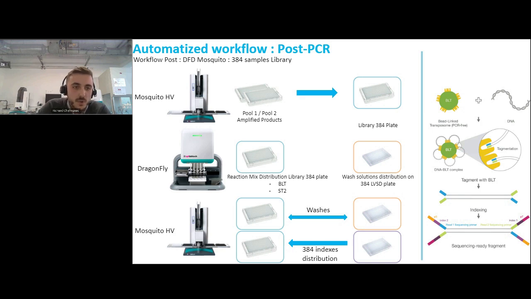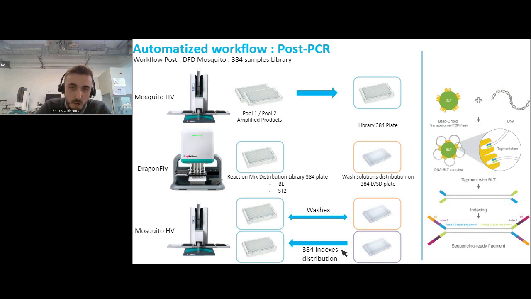We also use the Dragonfly to distribute all wash solutions needed in the process onto new 384 plates from HSPT. As in the pre-PCR part, the Mosquito high volume is used to do all pipetting steps, including the washing steps needed in the process, but also the 384 index distribution directly into the library plate.